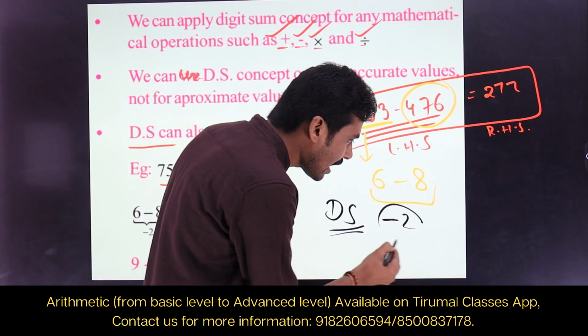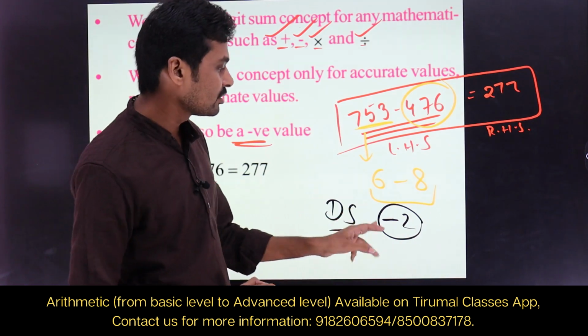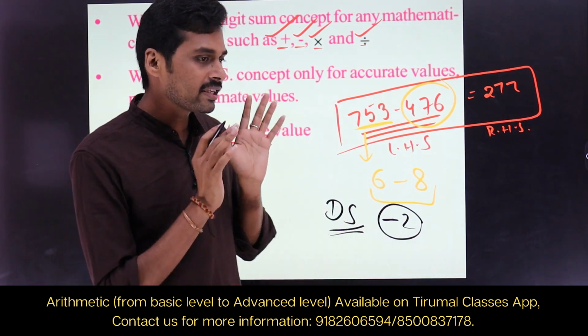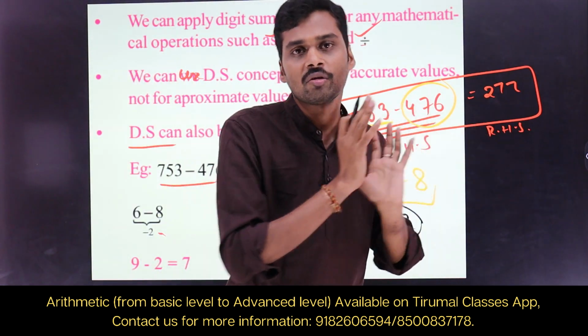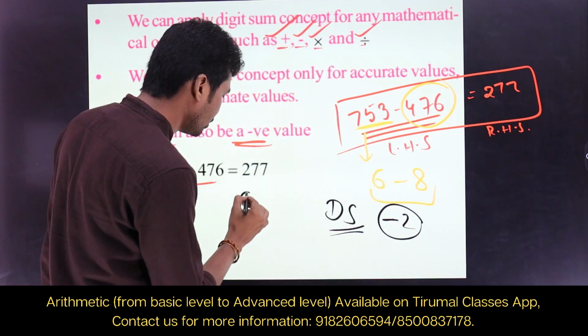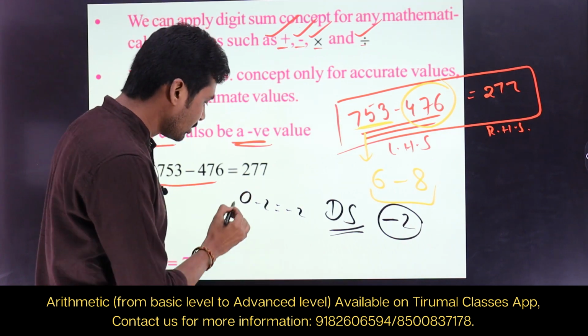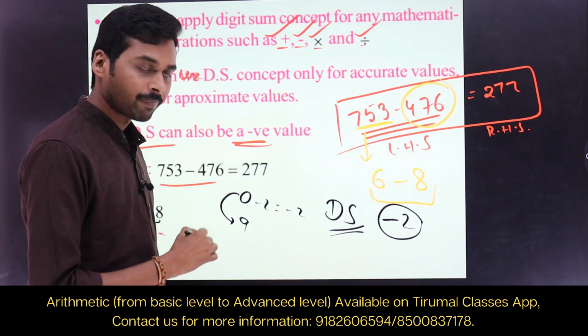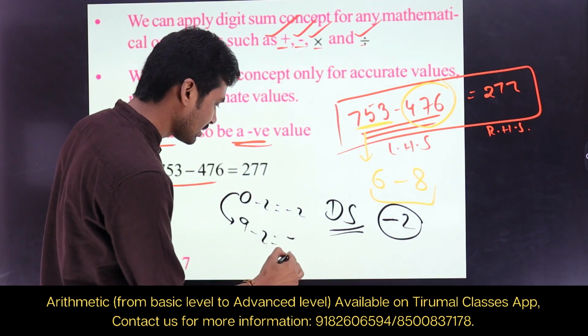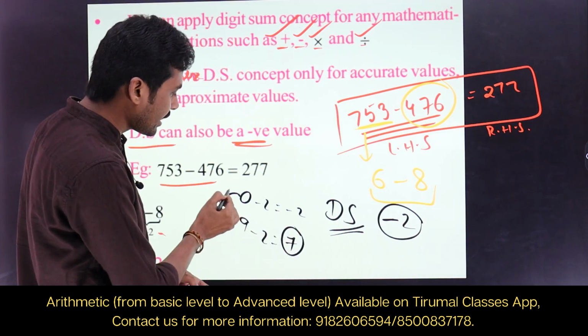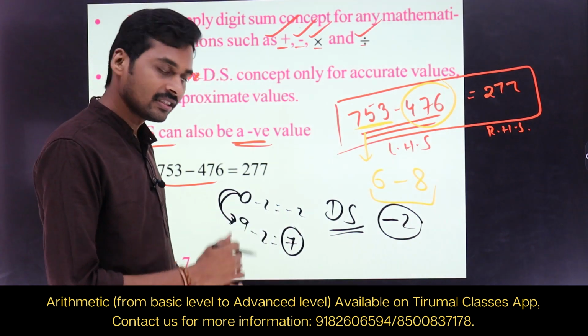When you get a negative value in the DS, then you have to convert it. Generally 0 minus 2 is equal to minus 2. As I already mentioned, 0 can also be taken as 9, so 9 minus 2 is equal to 7. So instead of 0, I can also take it as 9 in the digit sum concept.